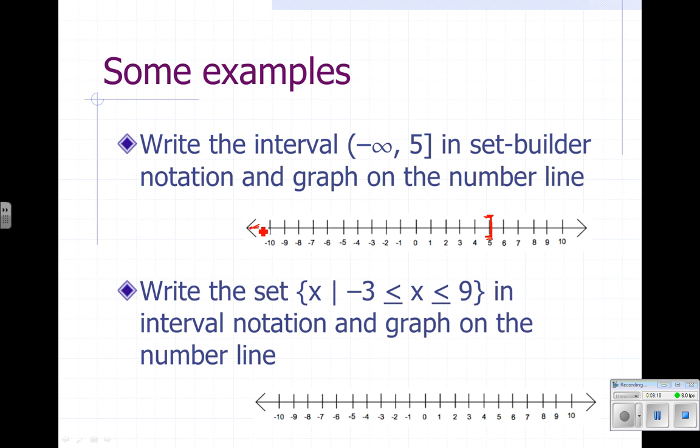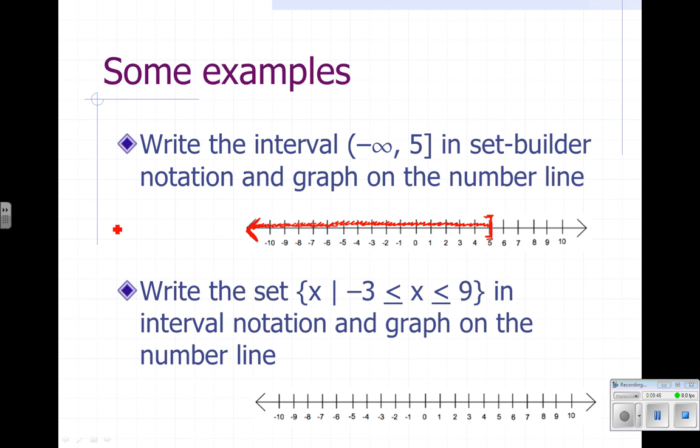And we want all real numbers to the left of positive 5, so we're going to shade in our number line everywhere to the left of positive 5 to indicate that we're including all of those real numbers. And we put an arrow at the end of that to represent that particular idea. Okay, so this is our set from negative infinity to 5.